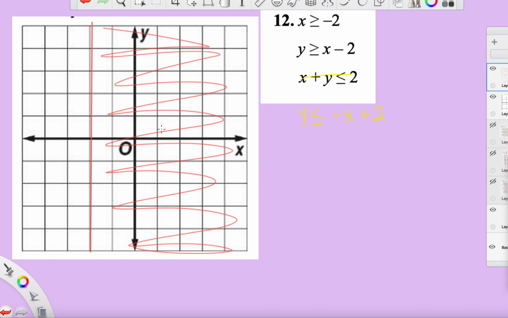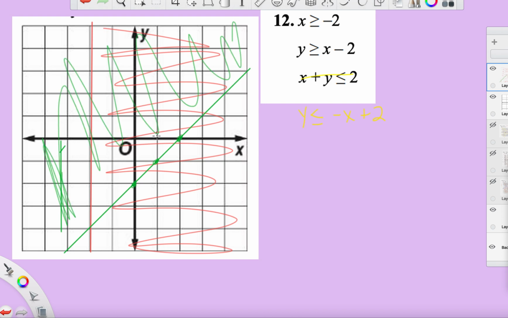It starts at negative 2, go up 1 over 1, up 1 over 1, and I can use my line tool. There's my solid line, and we're talking about greater, so everything above that line would be shaded.